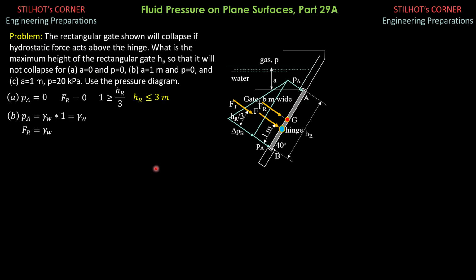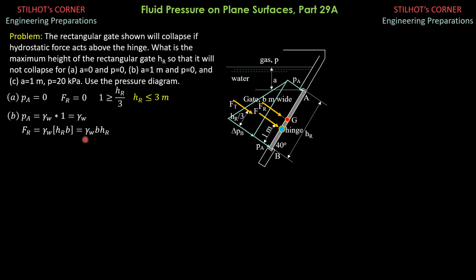So Fr is gamma of water times pressure at A, times the area, which is HR times the width into the screen of the rectangular gate, I just call it B. Anyway, we can cancel that.